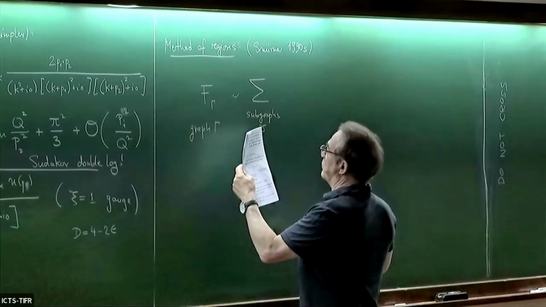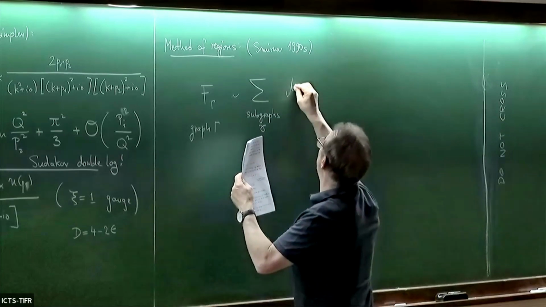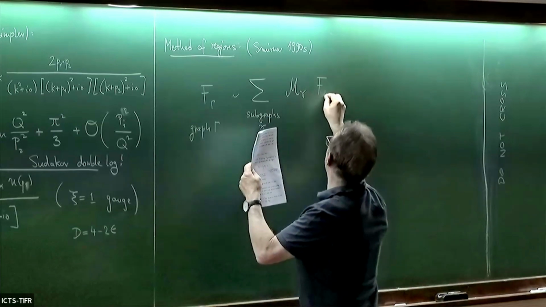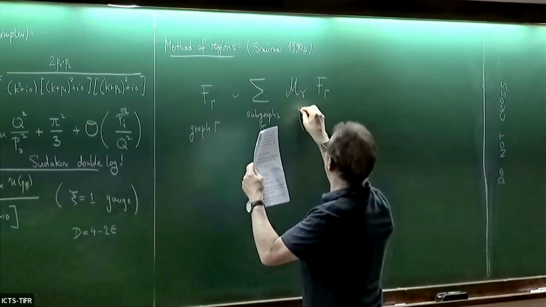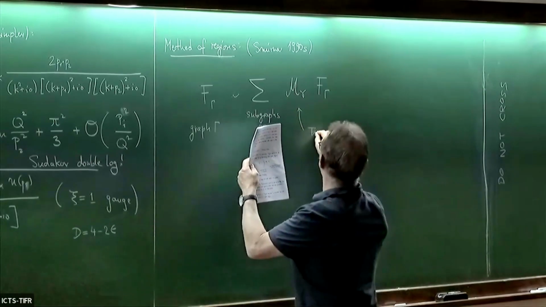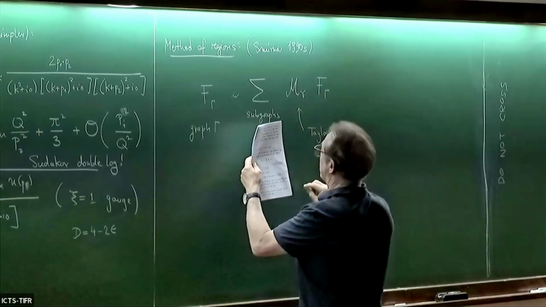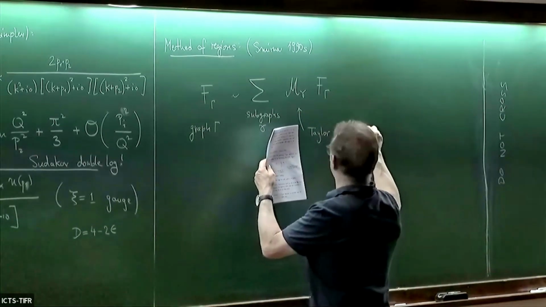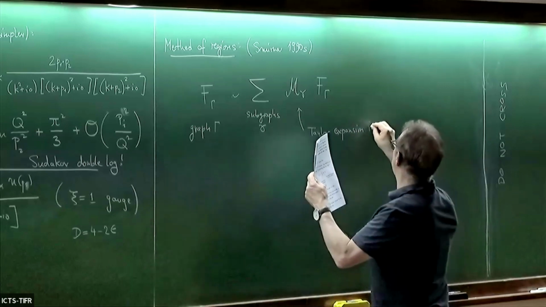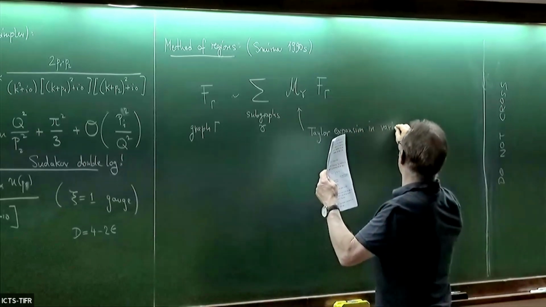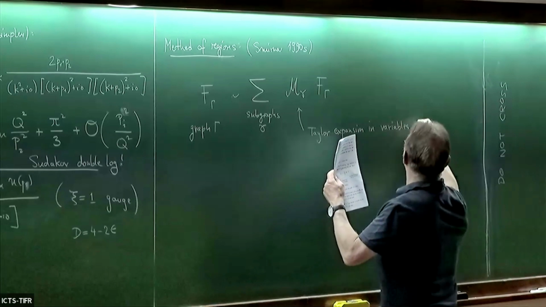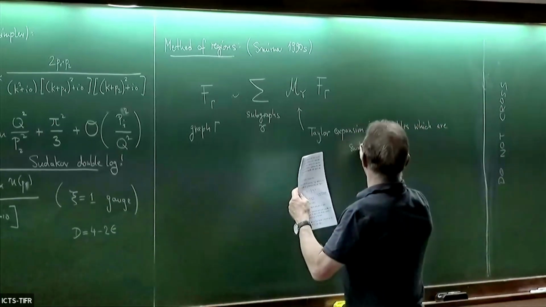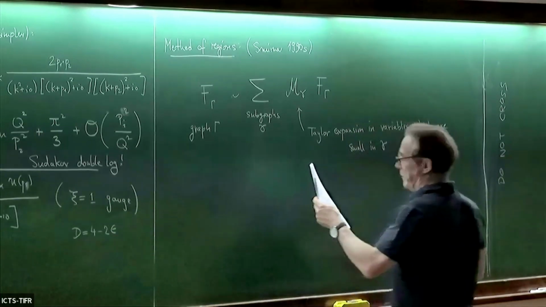And these subgraphs are obtained by applying an operation, which I call M gamma, on the original Feynman graph. And this operation says that you perform a Taylor expansion in the integrand of the integral in variables which are small in this subgraph gamma.